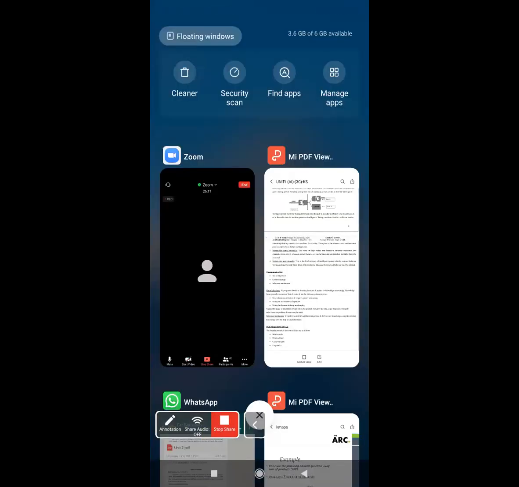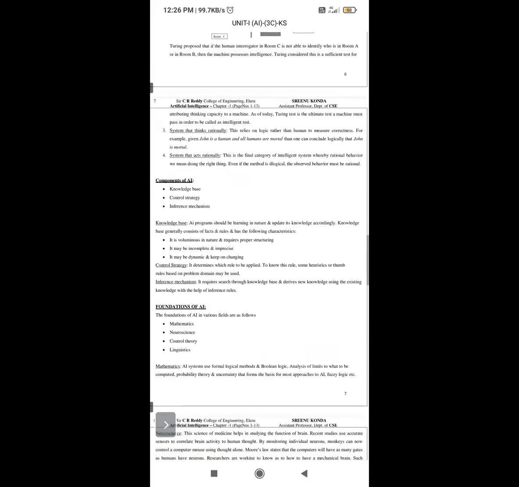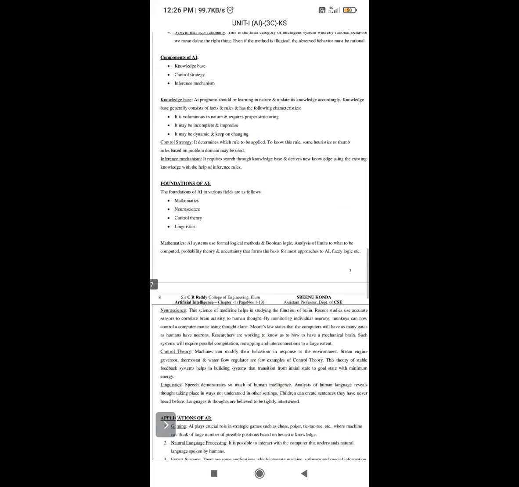So our next topic is components of AI. So these are the components of AI. Come to the components of AI. So there are 3 components.